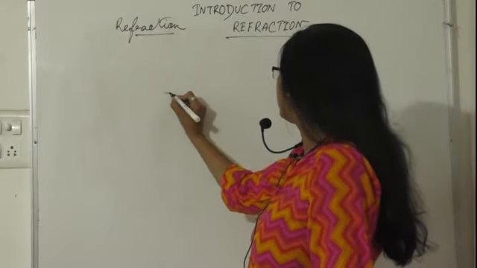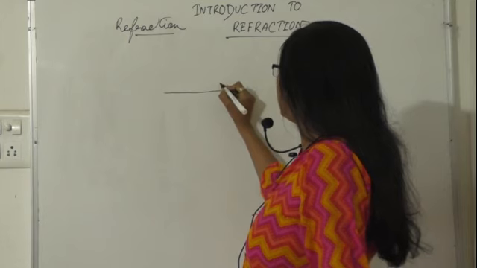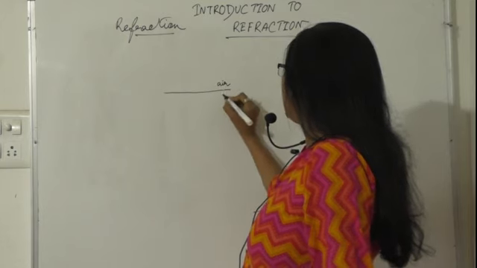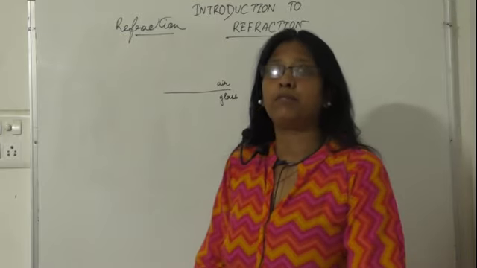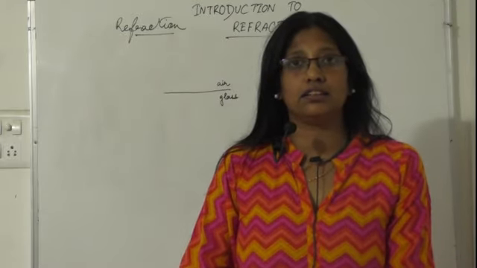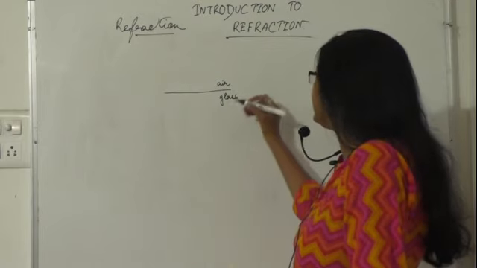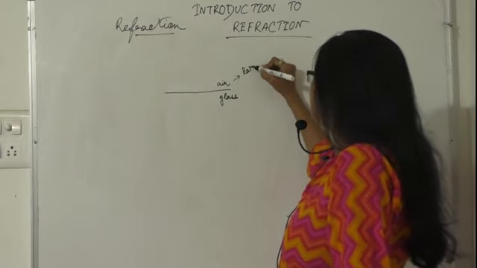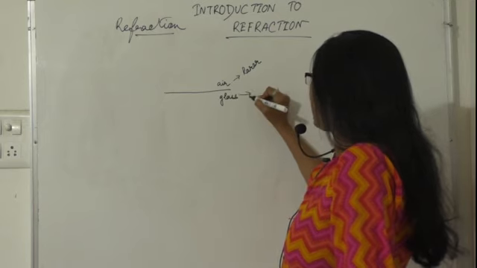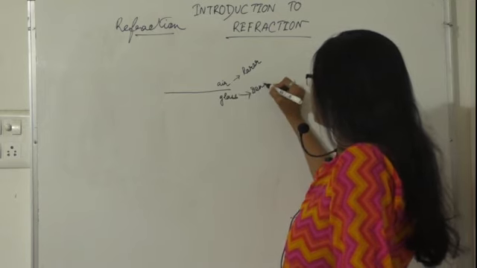Let's have two mediums, one is air and another is glass. If we talk about the density, then we can understand easily that air is less dense, that is rarer medium, and glass is denser medium.